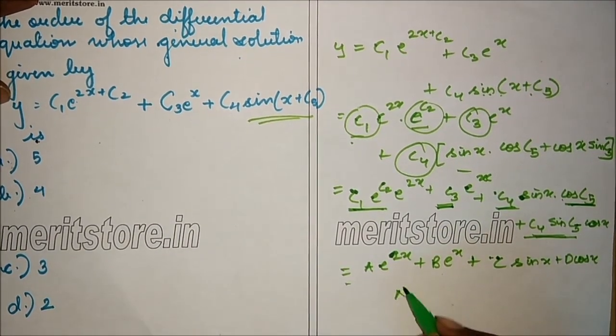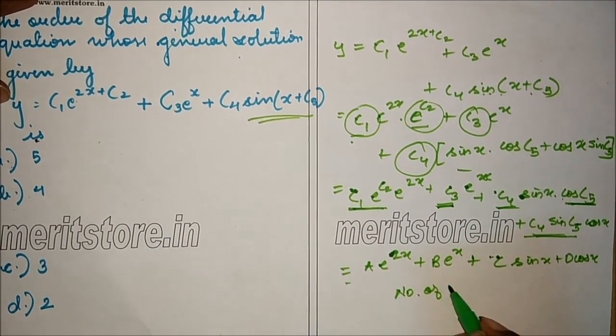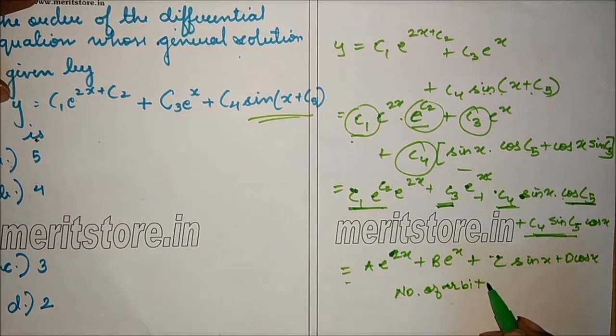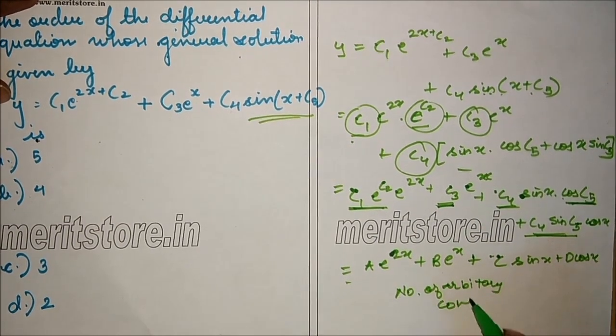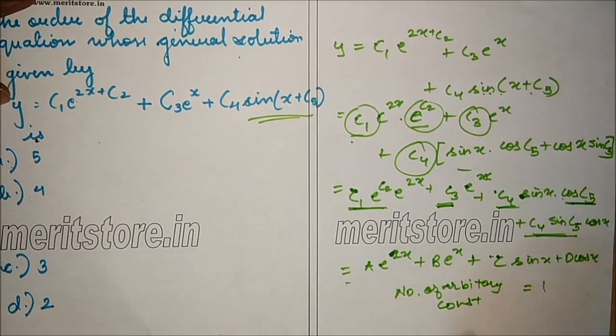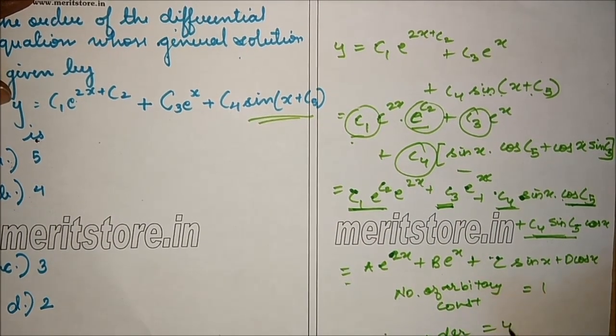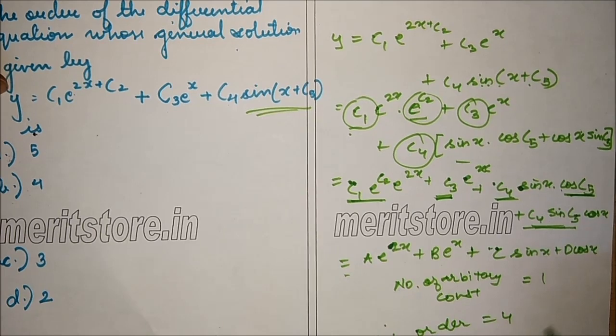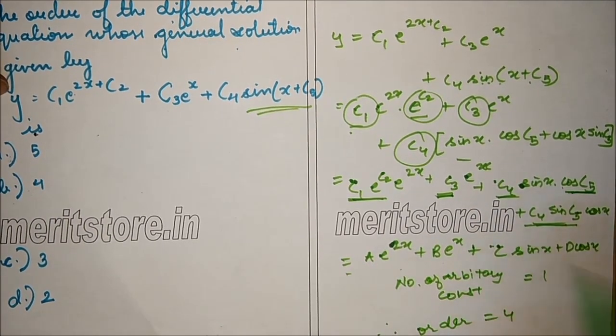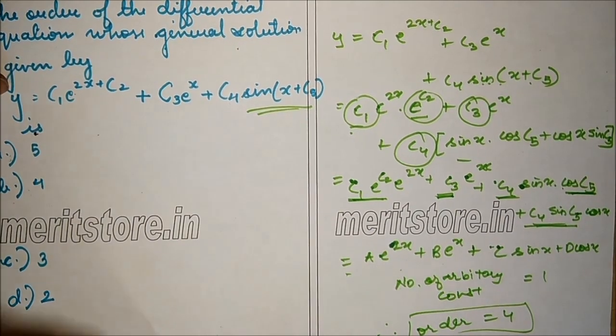Now we can see the number of arbitrary constants is equal to 4. So therefore the order must be 4. Since the equation is differentiated 4 times, we got 4 arbitrary constants. So the order must be 4. So the answer is B, 4.